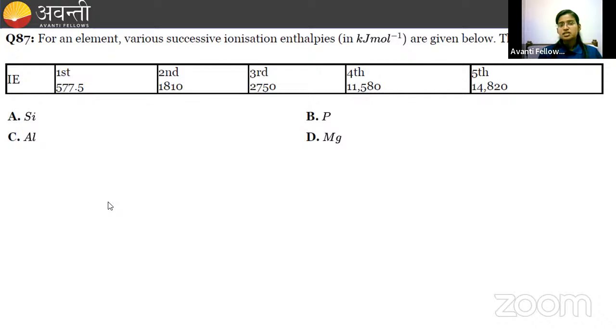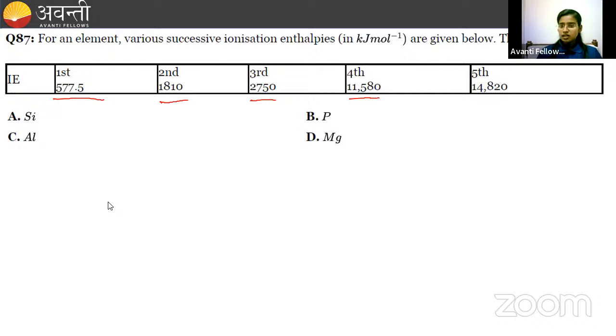The element is... So if you observe the ionization energy values, what is basically ionization energy? The energy required to remove the outermost or valence electron in an isolated gaseous atom is called ionization enthalpy. So for this atom, the first ionization enthalpy is around 500, the second is around 1000, the third is around 2000, the fourth is around 11,000.